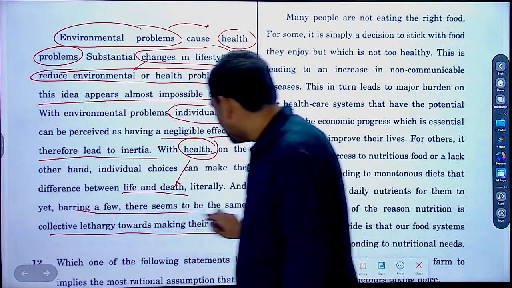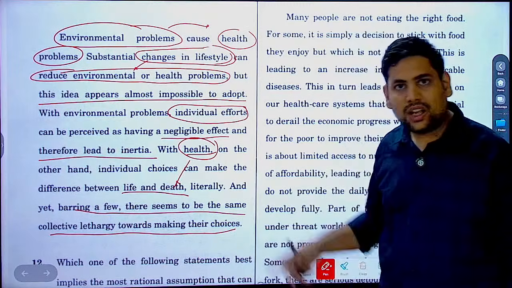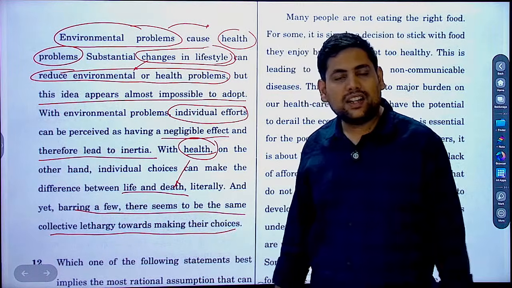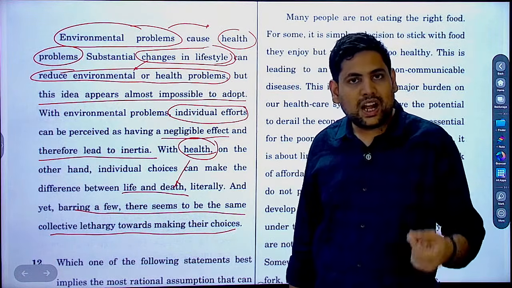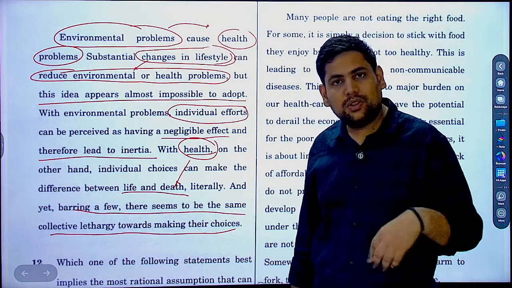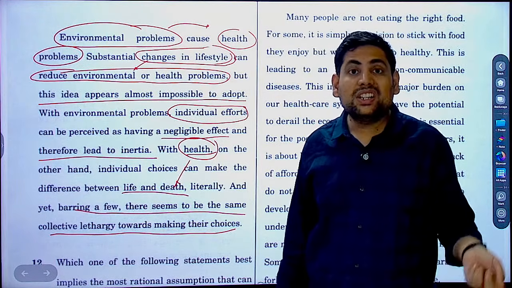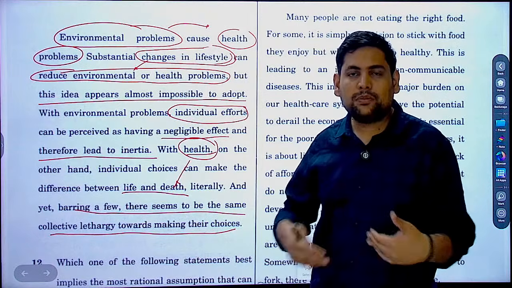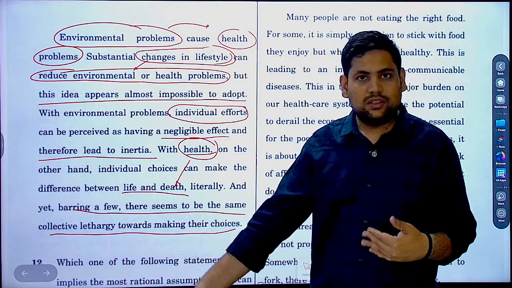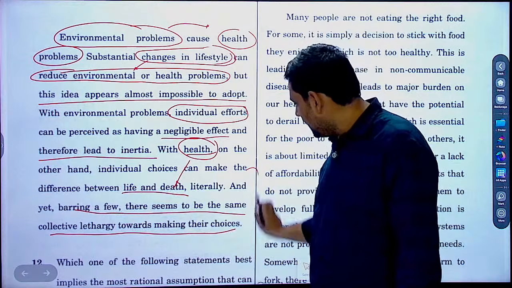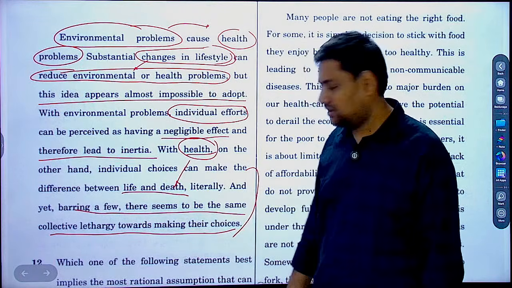This is now talking about health. It is saying that except for a few, people are even waiting for their health to deteriorate to just solve that problem, instead of taking the proper steps to be healthy all the time. Correct? This is the main crux of the passage that came at the last.